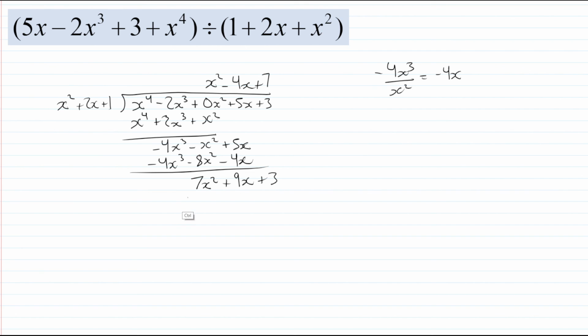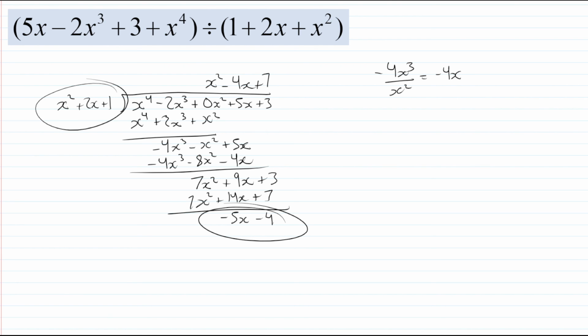And that gives us 7x squared plus 14x plus 7. And when we subtract here, we get negative 5x minus 4. And that's our remainder. Notice we have a degree 1 polynomial here and a degree 2 polynomial here. So we are done, because degree 1 is lower than degree 2.